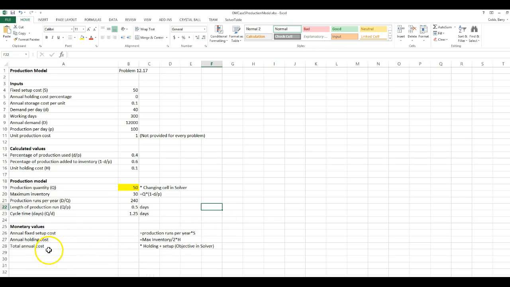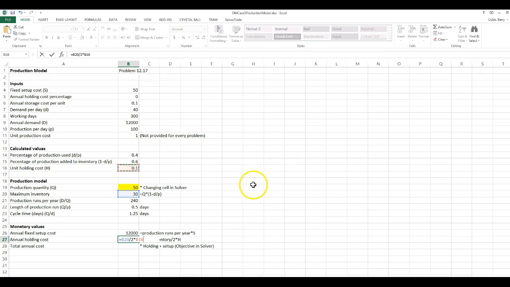We're going to minimize the total of the fixed setup cost and the holding cost. The fixed setup cost is equal to the number of production runs per year times the setup cost. The holding cost is the maximum inventory divided by 2 times the unit holding cost.